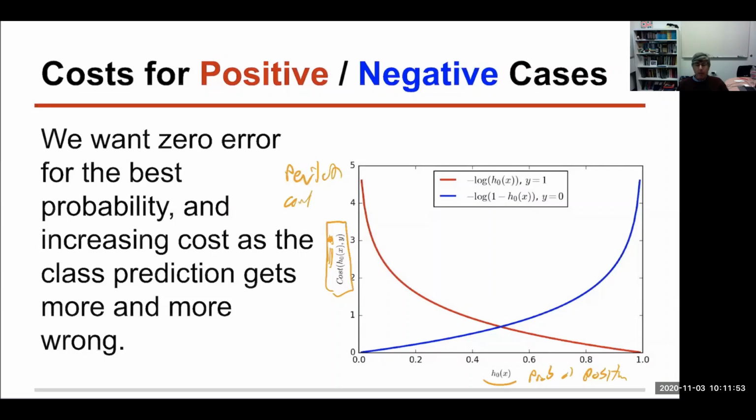Now, if our example was actually positive, we want the penalty to be 0 when we get it right. If we say that this has a probability of 1 of being positive, then if it's actually positive, we should pay no penalty.